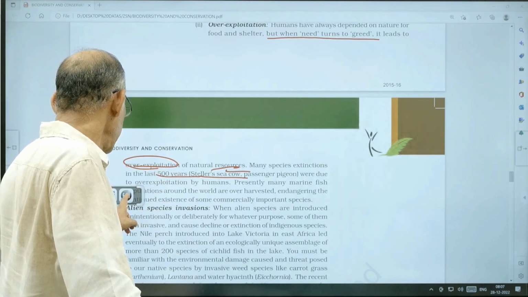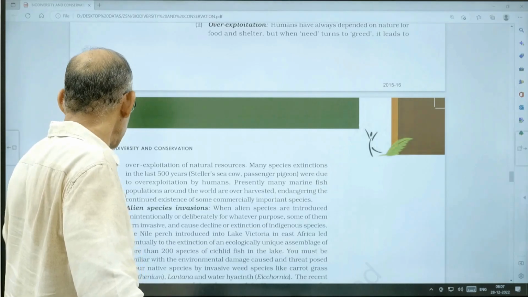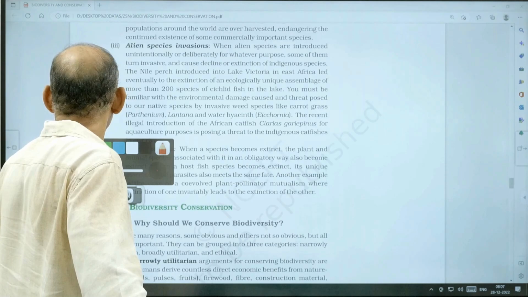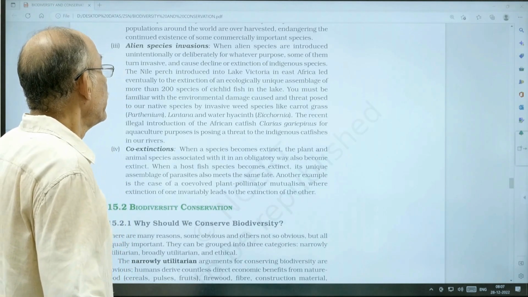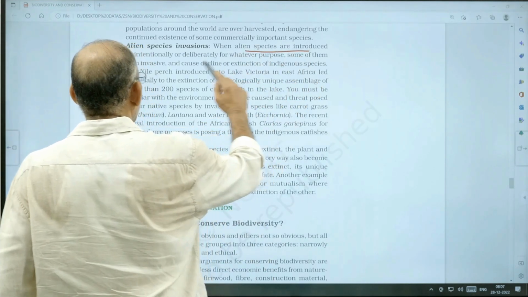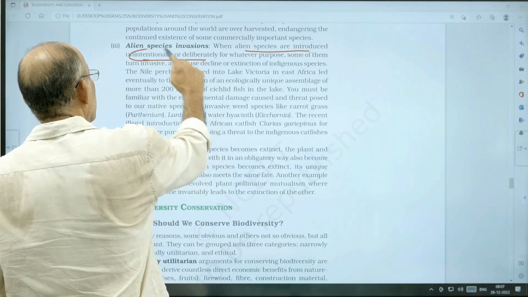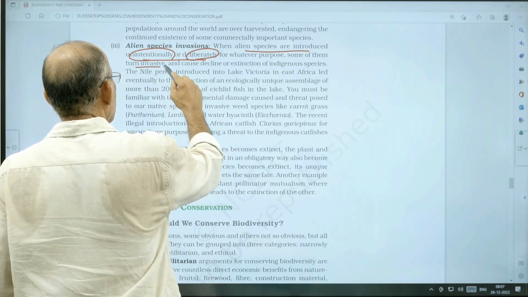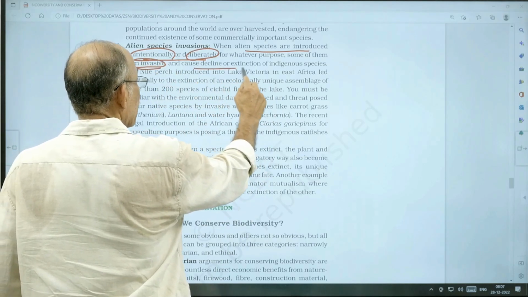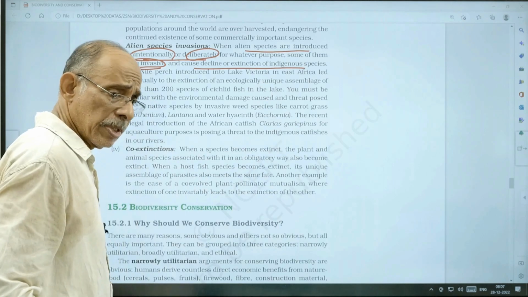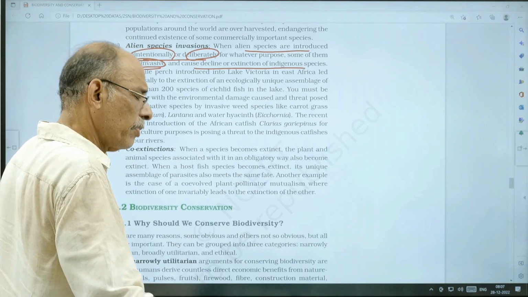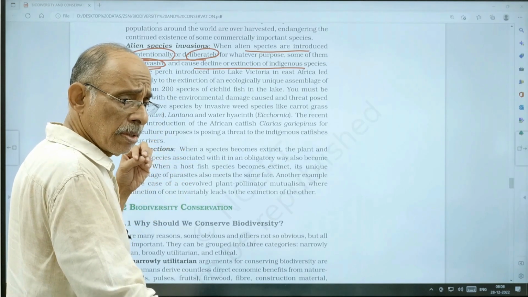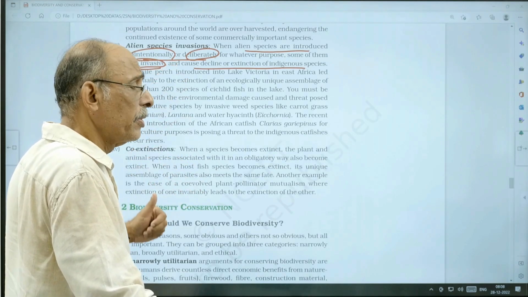The third cause is alien species invasion. When new species are introduced, whether unintentionally or deliberately, some of them turn invasive and cause the decline and extinction of indigenous species. Many animals are introduced without any studies on what the after effects will be in a particular region.